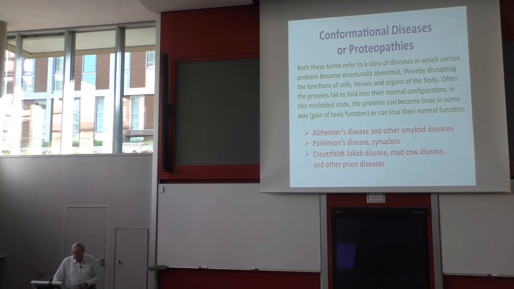Often the proteins fail to fall into their normal configuration, and they become toxic in some way, either gaining a toxic function or losing their normal function. This includes Alzheimer's disease and what we call other amyloid diseases, after the amyloid A-beta protein; Parkinson's disease, synuclein; Creutzfeldt-Jakob disease, a prion disease, mad cow disease, and other prion diseases.